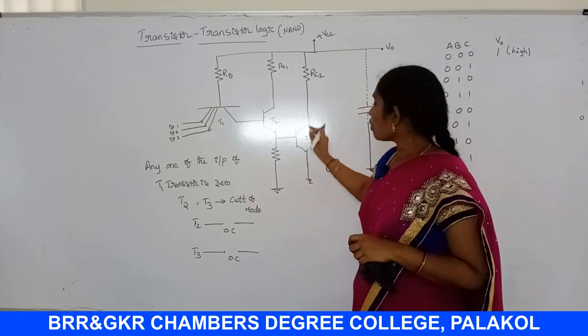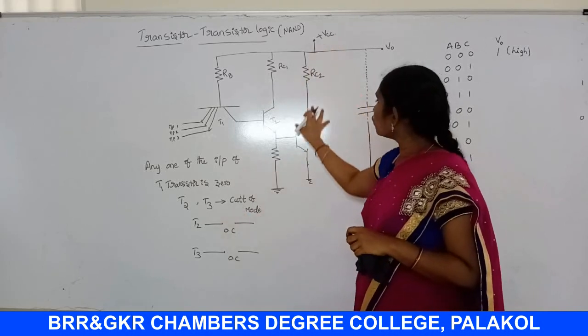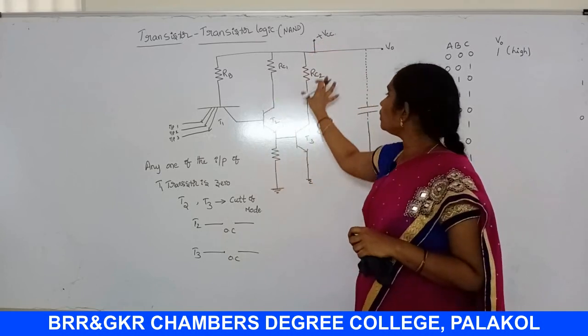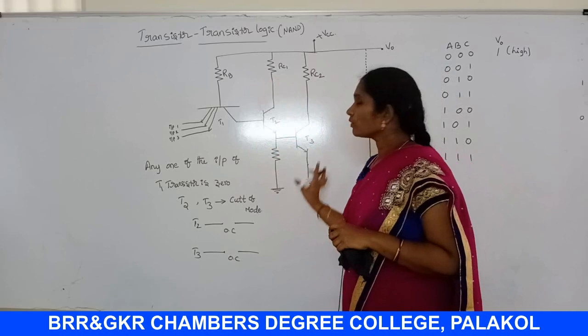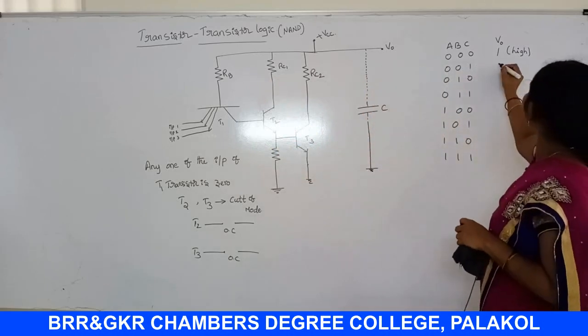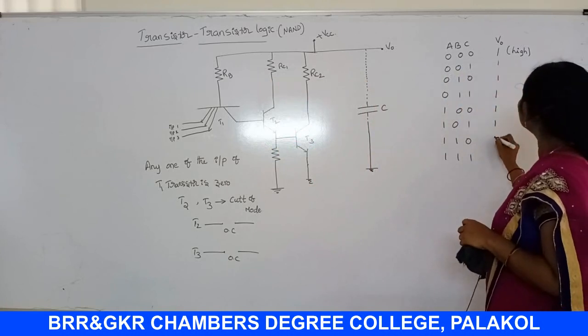That means they are open circuited. There is no path for the voltage to flow through these transistors to ground. Therefore the corresponding output is 1 for all these cases.